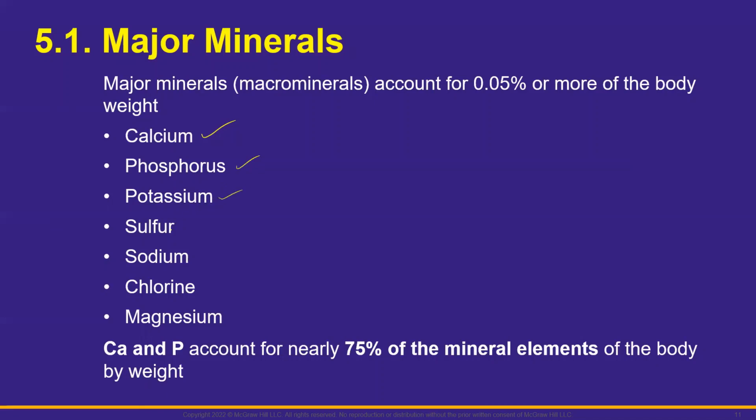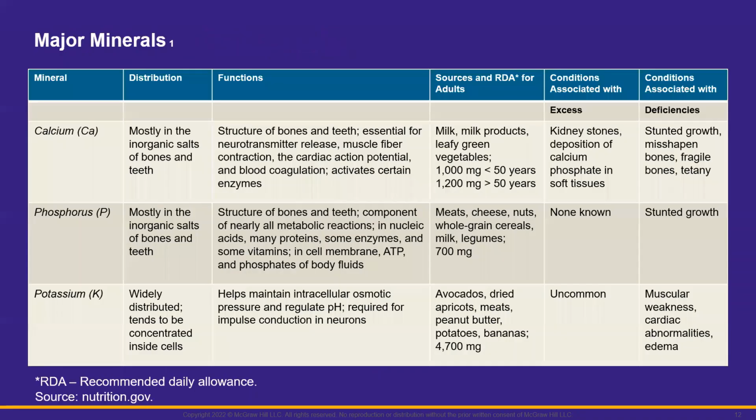Phosphorus, potassium, sulfur, sodium, chlorine, and magnesium. So these are the 7 major minerals needed by our body. Calcium and phosphorus account for nearly 75% of the minerals in our body. Okay, we're gonna see one by one.